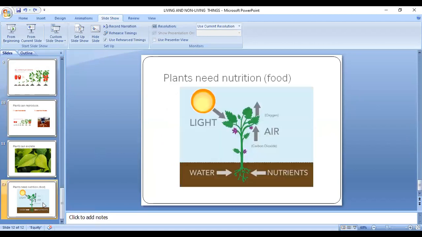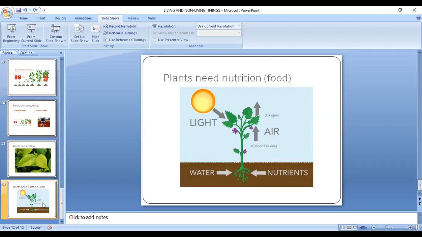Okay. So that is it for today. Today we have learned about living things. We have learned about the 7 life processes or the 7 characteristics of living things. First of all, we said that living things can move, they can respire, they can sense, they can grow, they can reproduce, they can excrete, and they also need nutrition to grow.